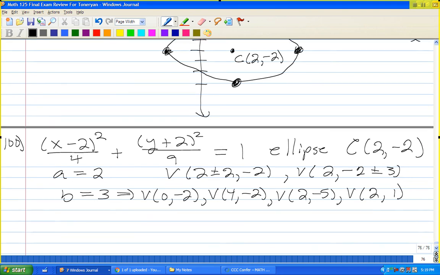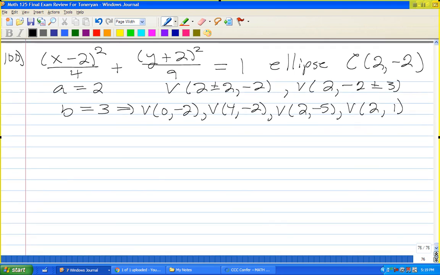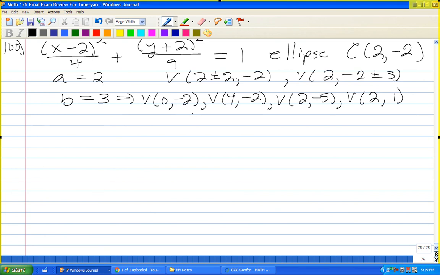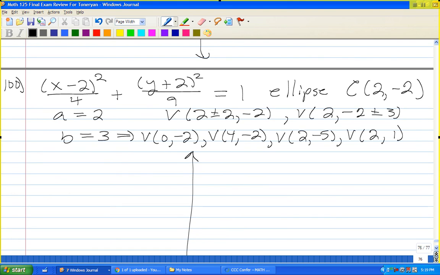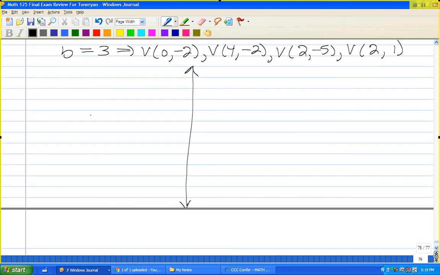And so let me do this. The center is at (2, -2). Okay.